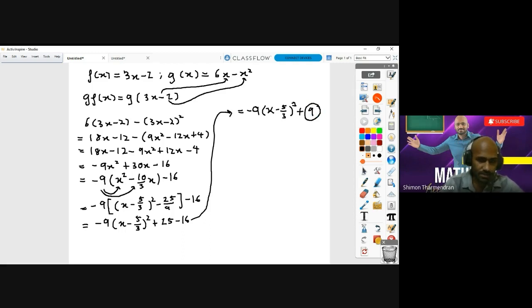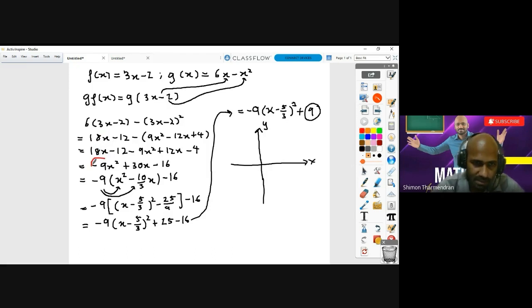Because as I told you, guys and girls, what is outside your bracket is your y value. So if I were to draw this graph, or rather a rough sketch, we have a sad face. How do I know that this is a sad face? Look at the coefficient of x squared here. It's a negative x squared.